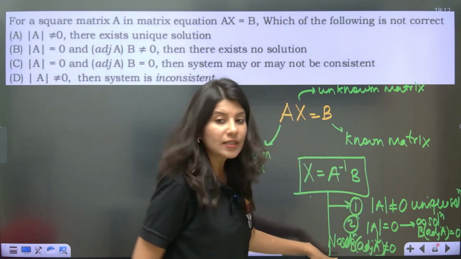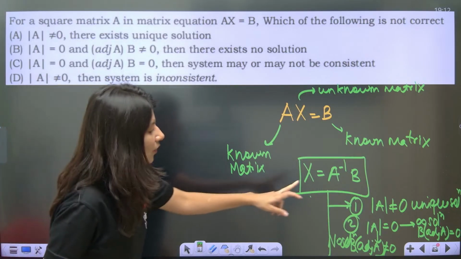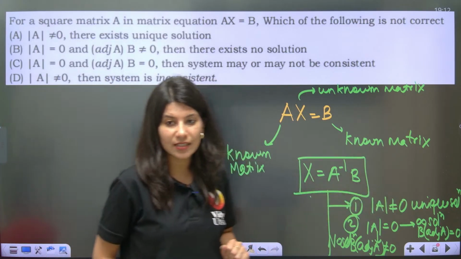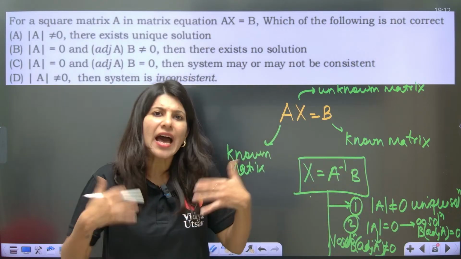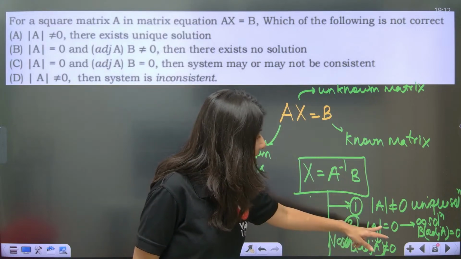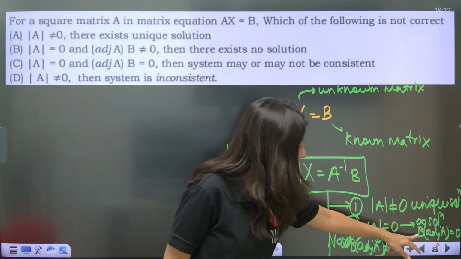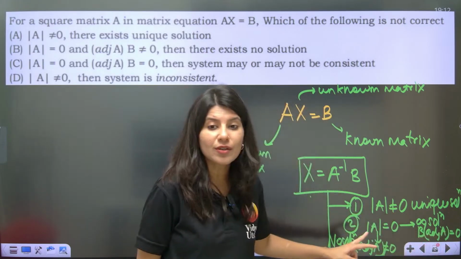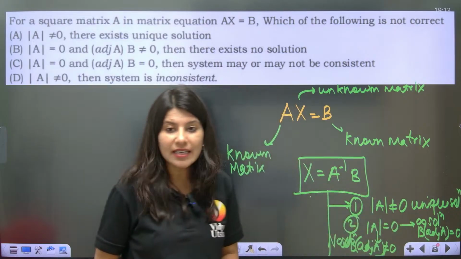I'm going to tell you this in detail, but right now understand that determinant A not equal to 0 means unique solution. And determinant A equals 0, and along with that B times adjoint A is also 0, if these two together are 0, then infinite solution.